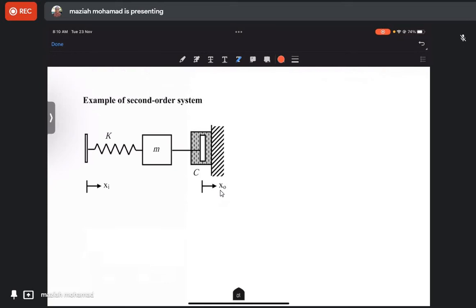All right. An example of a second order system is any mass spring damper system. Basically, if it contains mass, here we're going to have m d square x.